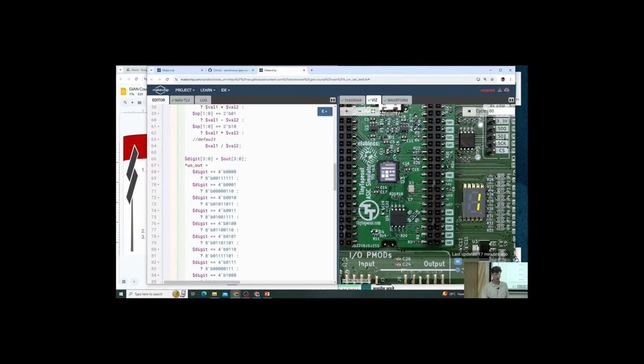Okay, so here's my expression for UO out to drive the 7-segment display. Right, I have my assignment of digit, checking each pattern of digit. If digit is all zeros, 0 value, I want to drive the 7-segment display with a pattern that's going to represent a 0.